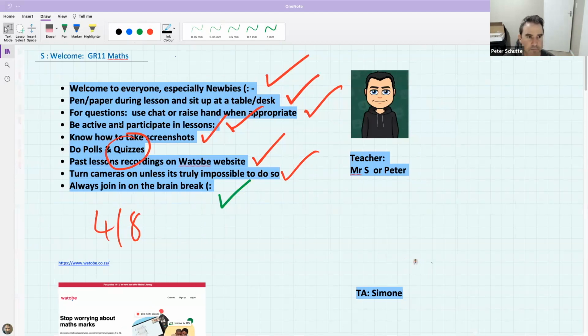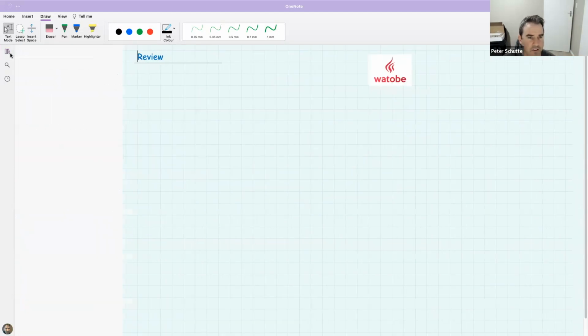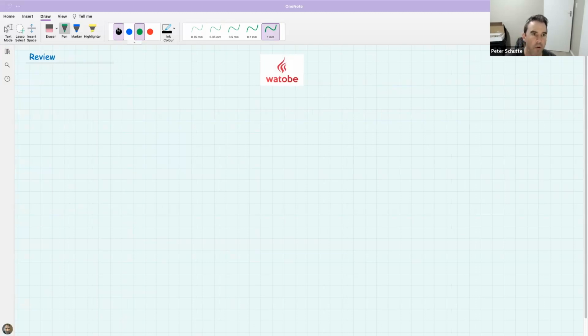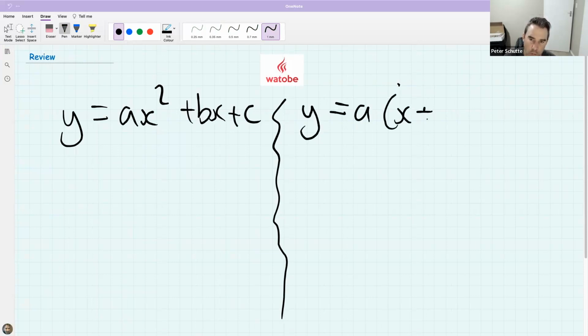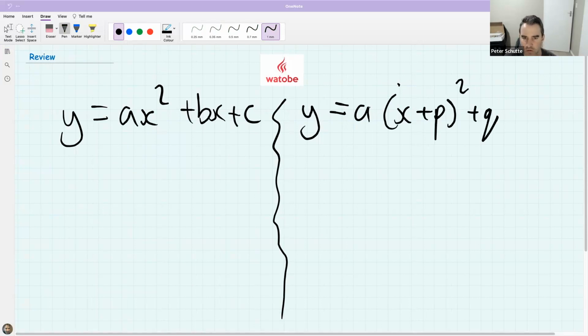Cool, let's do this. Okay, so in the last lesson, we spoke about parabolas a lot, and we spoke about the standard form of a parabola, which looks, in fancy algebra form, like that. We also spoke about the alternate form of a parabola, which looks a little bit interesting, something like that.